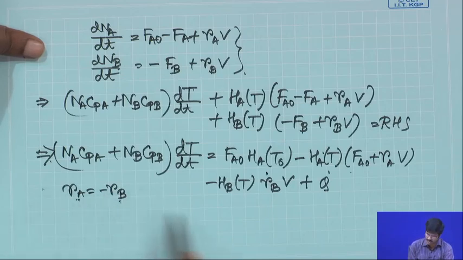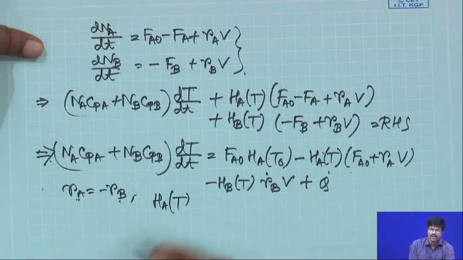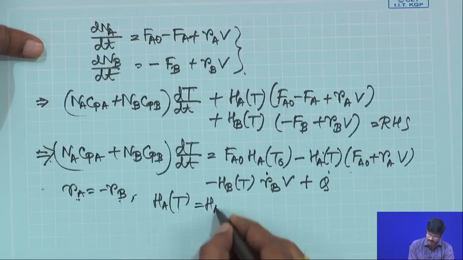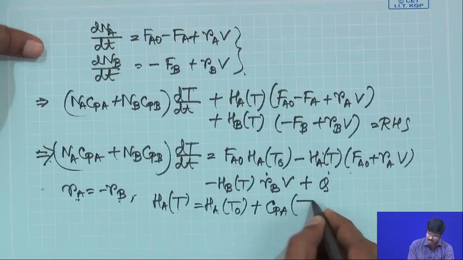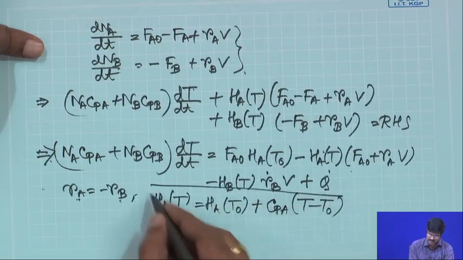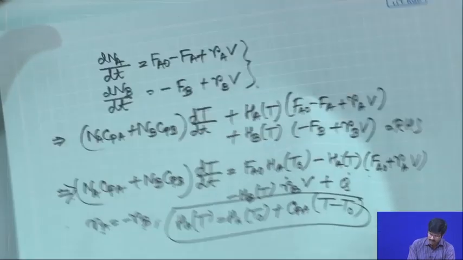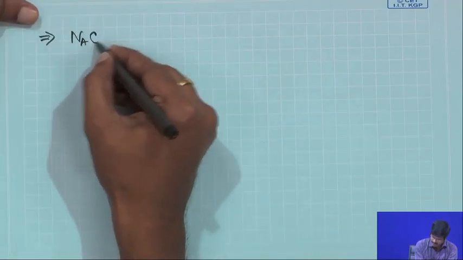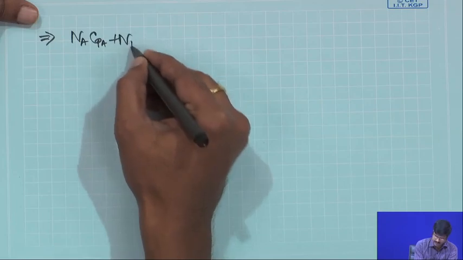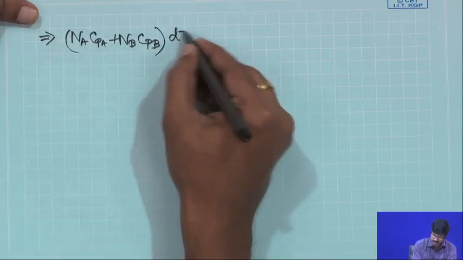So, this minus you can put on this side and replacing there, and also you remember that the molar enthalpy of A at temperature T is nothing but molar enthalpy of A at temperature T naught plus heat capacity into T minus T naught. If you replace that in this particular expression, then finally what you get is the following: NaCPA plus NbCpB dT/dt, it is taking a while, but ultimately it is a very useful expression, you will see, I hope.